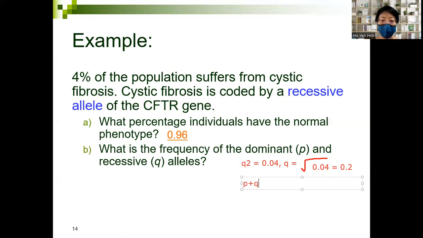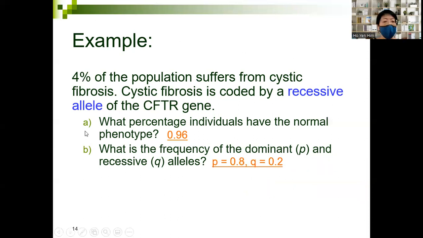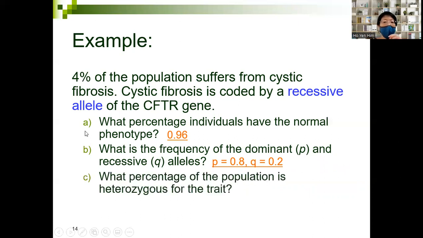P plus Q equals 1. So P is equal to 1 minus 0.2, which equals 0.8, correct? So the answer is 0.8. Next, part C: what percentage of the population is heterozygous for the two traits?